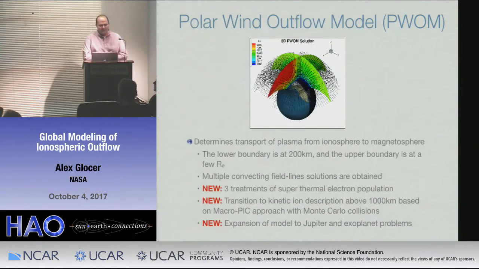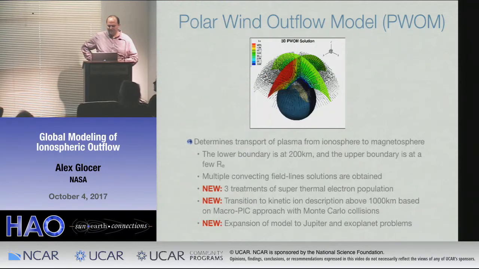The model that I'm using is the polar wind outflow model, PWOM, that I've been working on for a number of years now. The basic idea is that you're solving the transport of plasma from the ionosphere to the magnetosphere along a single expanding magnetic flux tube.